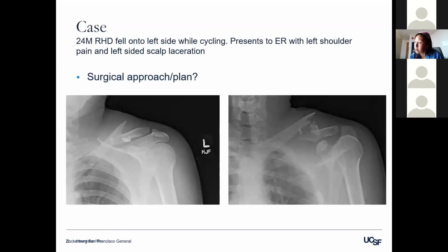Okay, so I can't see who's at Parnassus, but maybe Andrew. What surgical approach would you use and how would you fix this? Is Andrew there, or someone who's a chief?